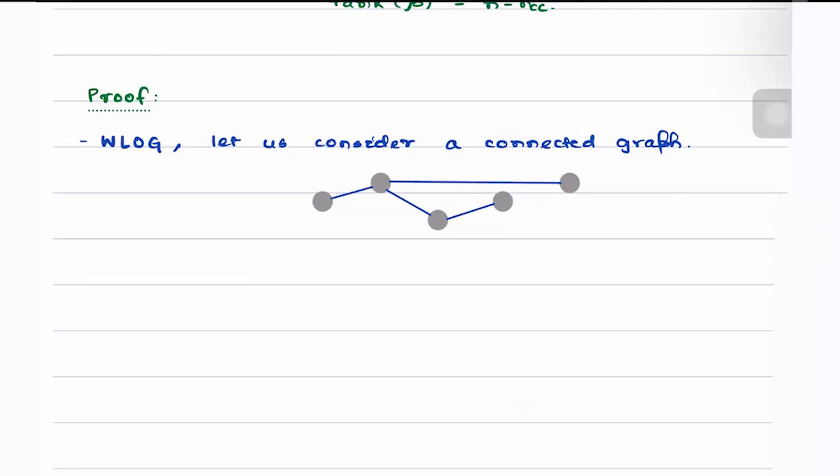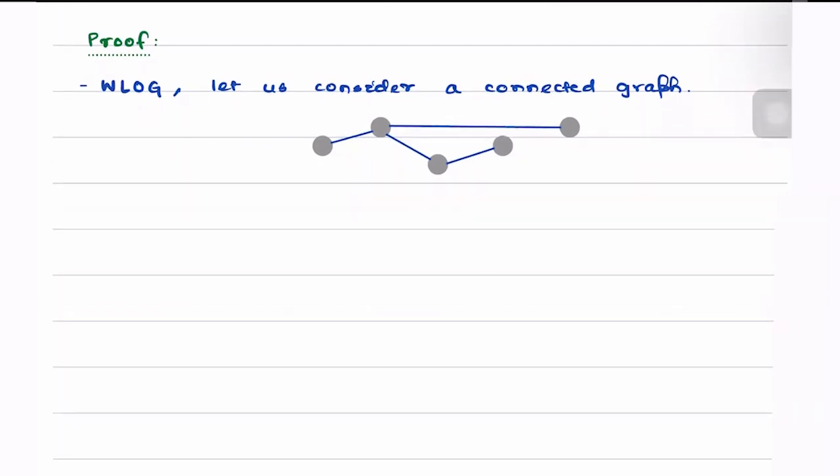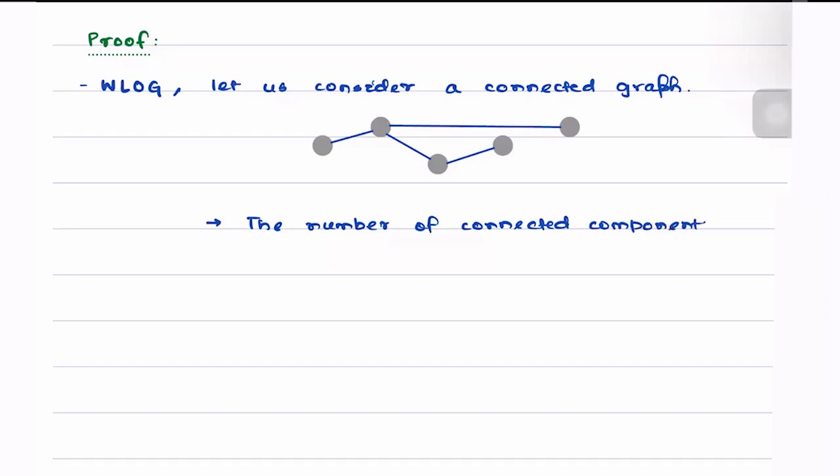Okay, now let's keep it this way. So now what are the points that we can conclude just because the graph is connected? The first one is that the number of connected components NCC is obviously equal to 1 because the graph is connected. So as a whole, it is a connected graph.